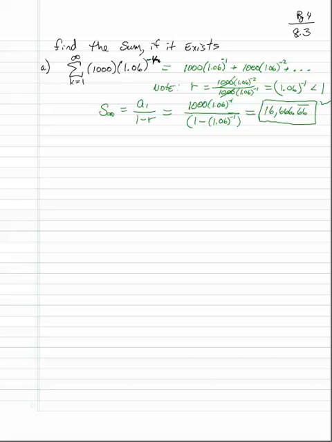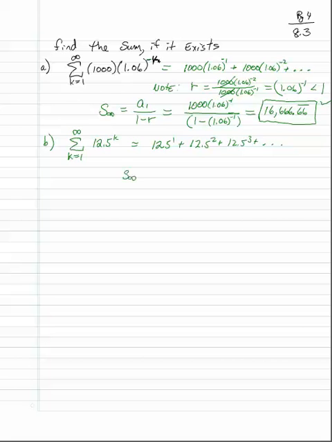Alright, let's try one more. So what is the summation of 12.5 to the k? So that's 12.5 to the first plus 12.5 squared plus 12.5 cubed plus dot dot dot.